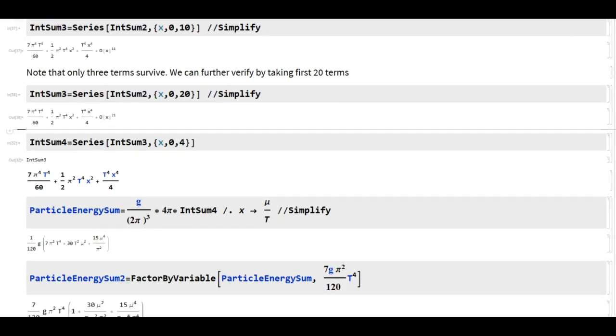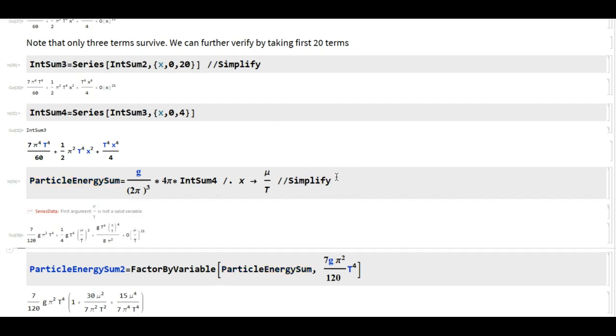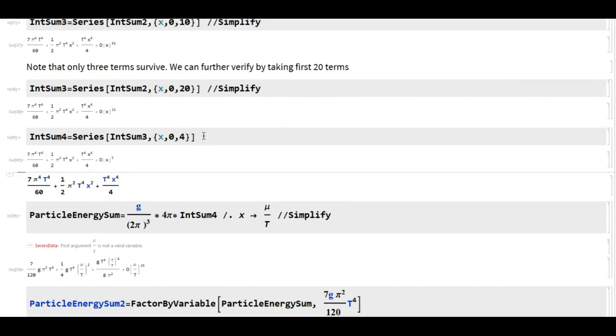Sorry, because I restarted my computer, these variables do not contain anything, and that is why I was not getting proper results. So what I need to do is simplify this, and simplify this.